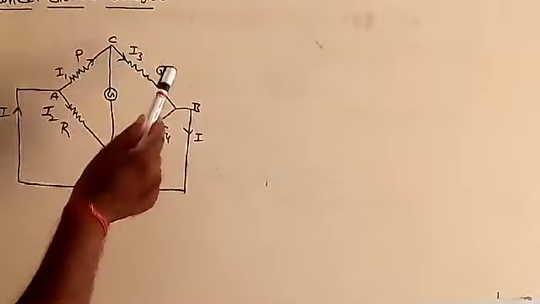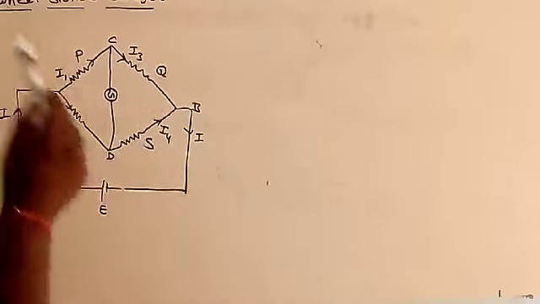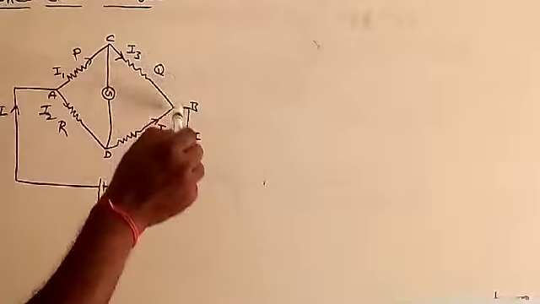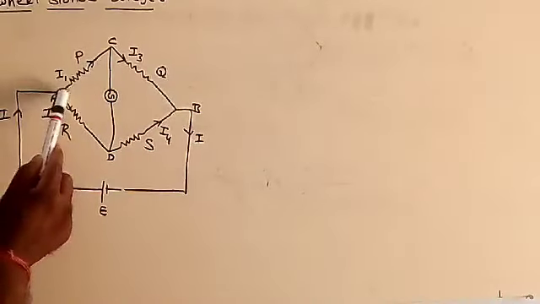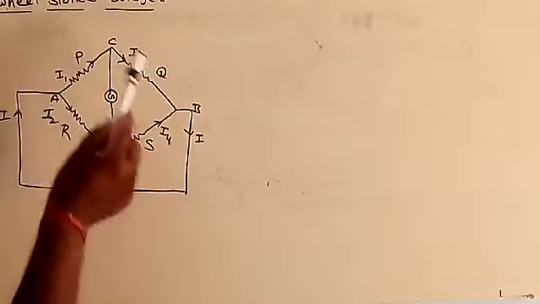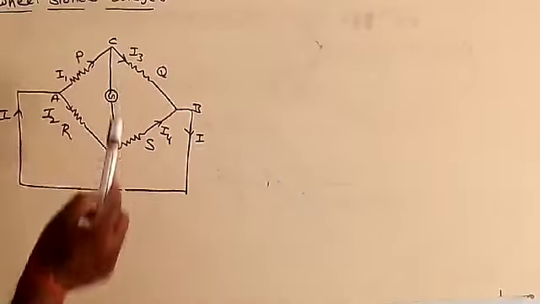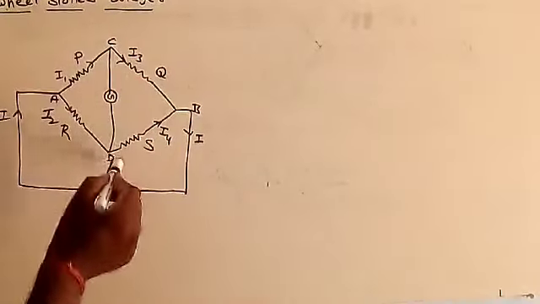Now this point I can take as A, this point as B, this point as C, and this point as D. Between points C and D, I connected one galvanometer.